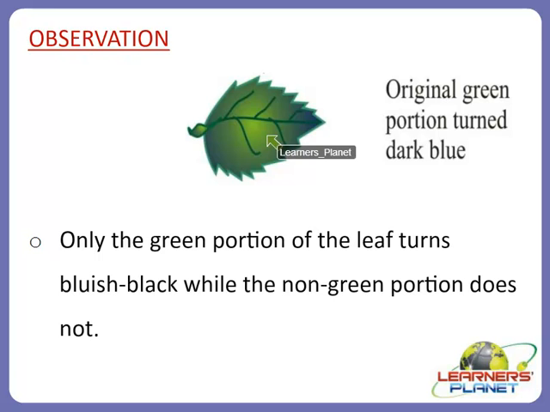The variegated leaf which we took was different in color, but after adding ethanol, which removed the chlorophyll and made it almost colorless, we put 3-4 drops of iodine solution, and then we see that the original green portion has turned dark blue. So what can we observe? That only the green portion of the leaf turns bluish black, while the non-green portion does not turn bluish black.